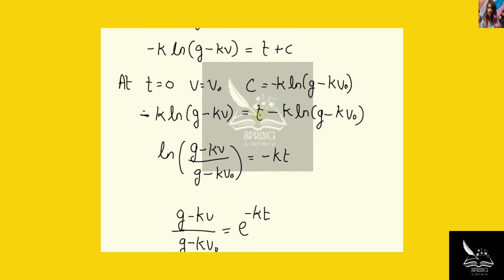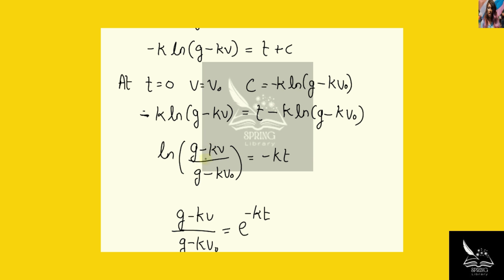Now if I substitute back the value of c over here, this equation will turn out to be this. So minus k ln of g minus kv is equal to t, and this quantity c is over here. Now if I send it to the other side, it will be like ln a minus b.